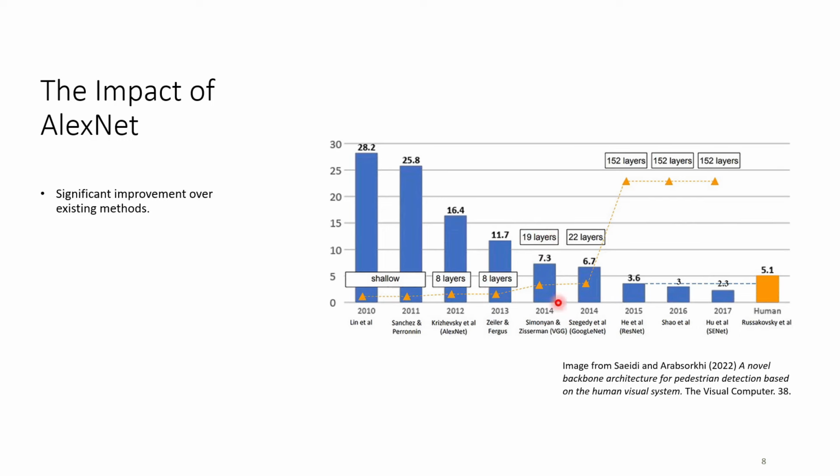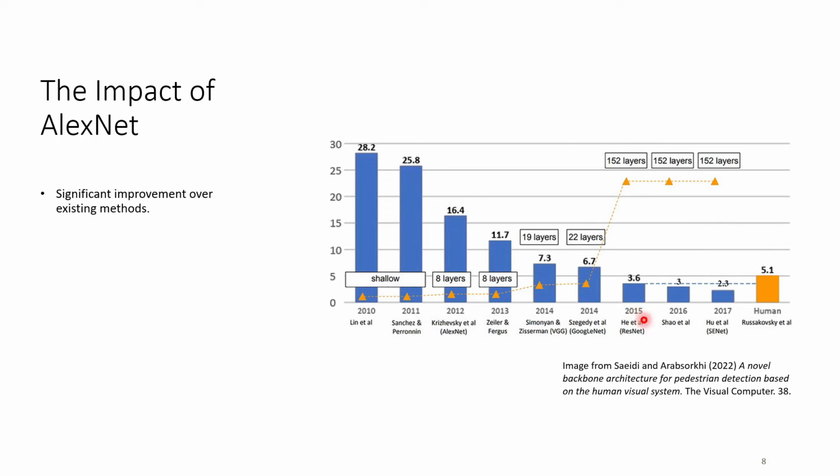And in the same year, Google proposed another neural network architecture called GoogleNet. It also used around 20 layers.